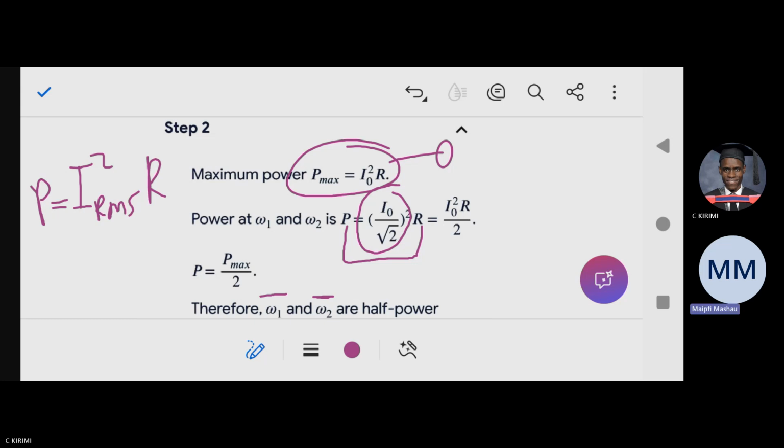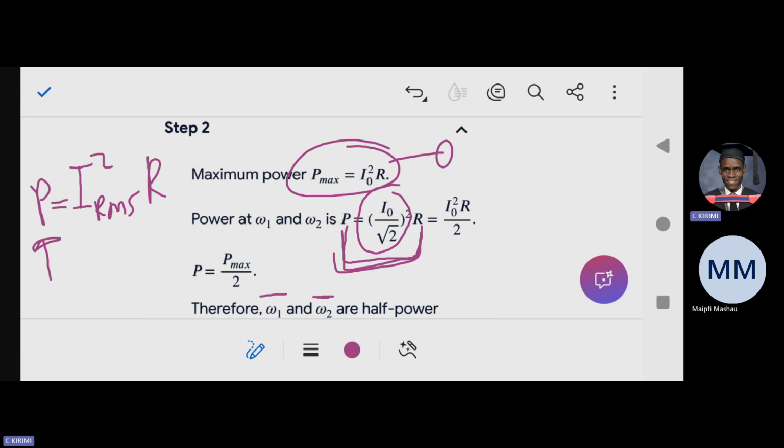So in relation to W1 and W2, what were we doing? We asked, what is the power at W1 and W2? It is given by this formula, just P, not P max.